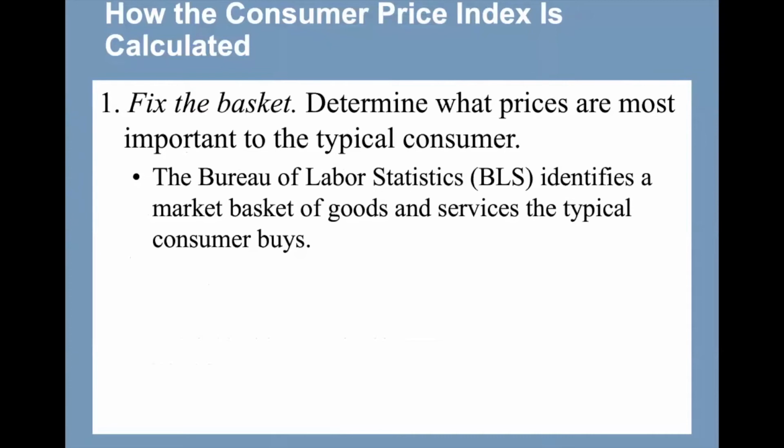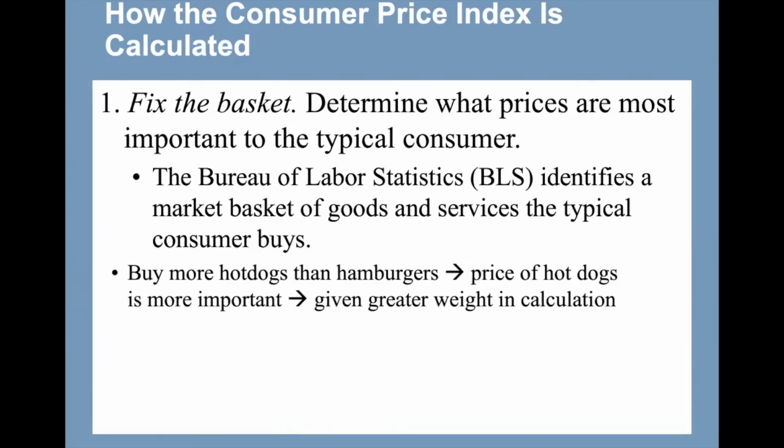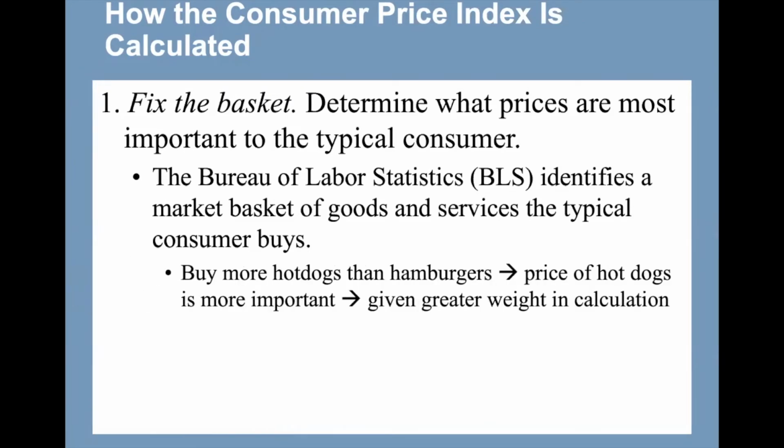First one is fix the basket. This determines what prices are most important for the typical consumer. Fix the basket is like the 7 groups of goods and services that I showed earlier, okay? The Bureau of Labor Statistics identified this. For the Thai people, it is the Department of International Trade, right?